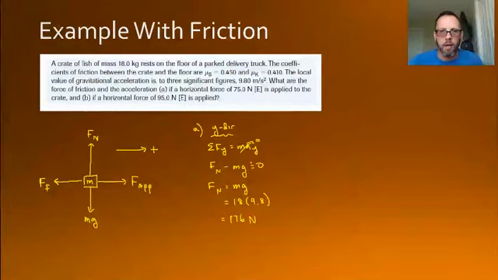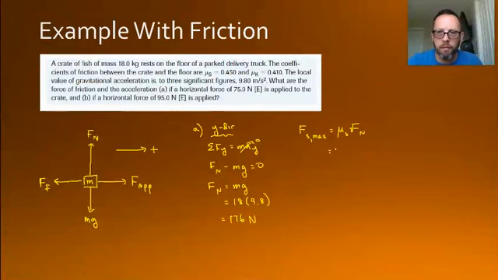So we have to consider, is that horizontal force enough to actually get that crate to move? So let's look at what's the maximum static friction force? We talked about earlier, that's equal to mu s times Fn, which we now know.